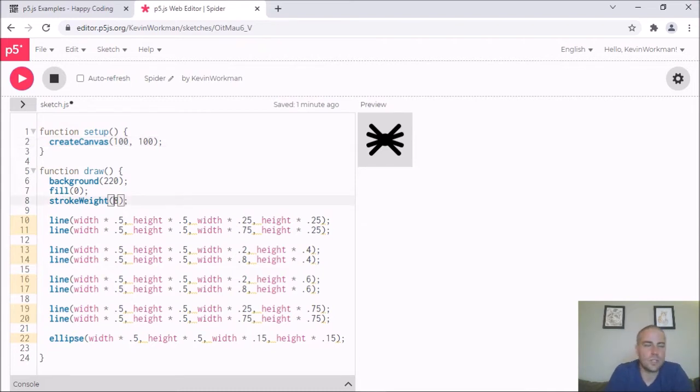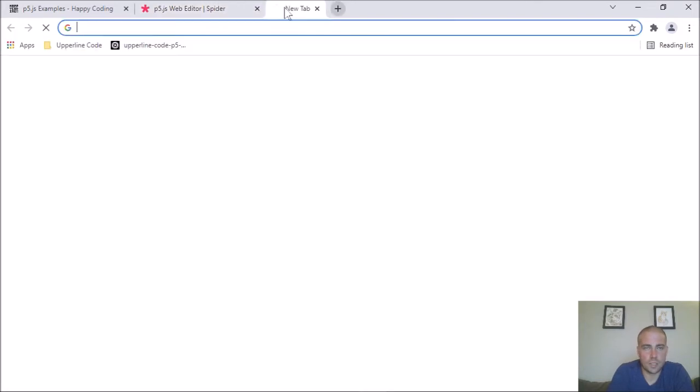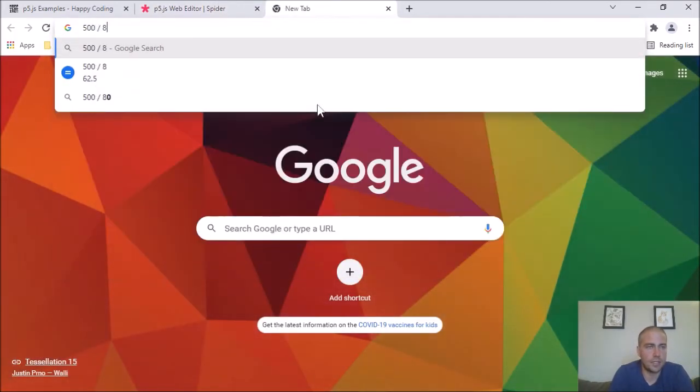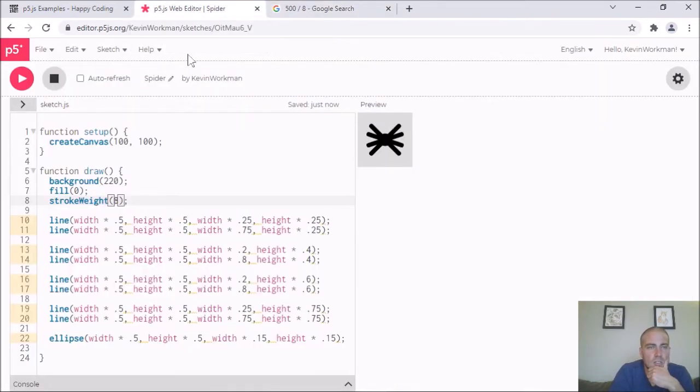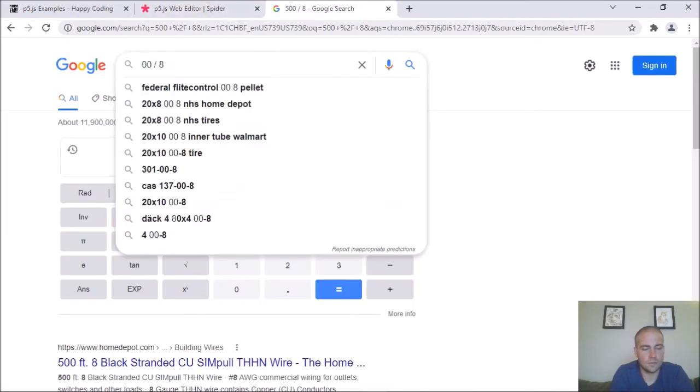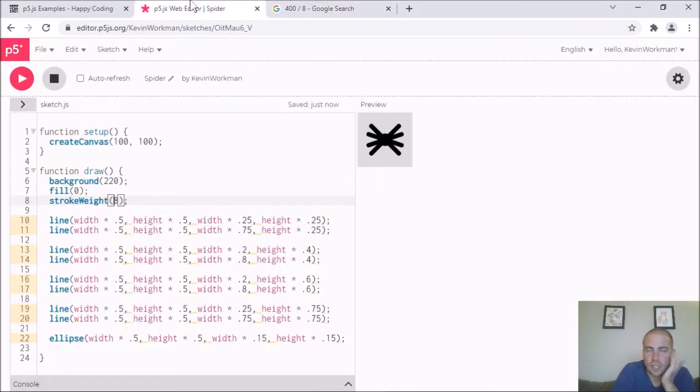So we could do a few things here. I could say if I have a width of 400, then I want my stroke weight to be 8, which is 400 divided by 8, 62.5. So that was 50. Yeah, okay, that makes sense actually. So what I could do is width divided by 50.